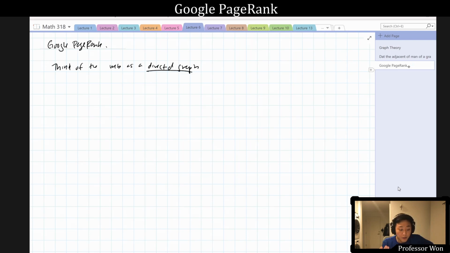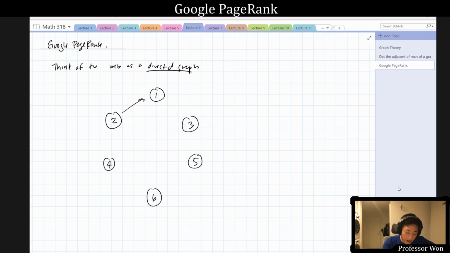And how do we represent the web with a directed graph? Well, let's imagine that there are 6 pages on the web, or maybe there are only 6 pages that are relevant to our search. Let's draw an example web graph, and let me tell you what it means. I'll draw it just like in the notes so that you don't get confused.